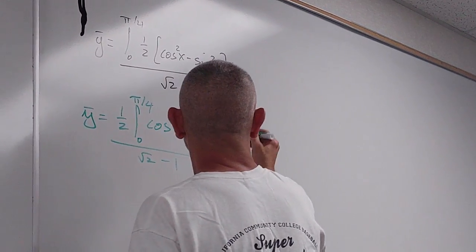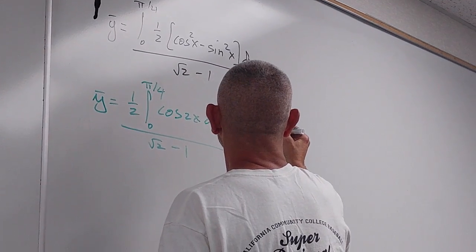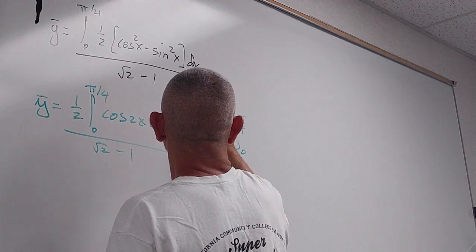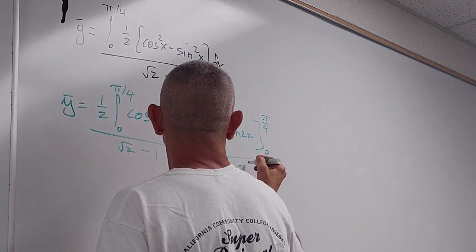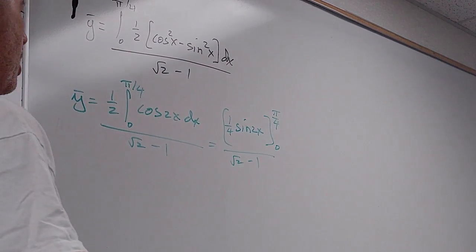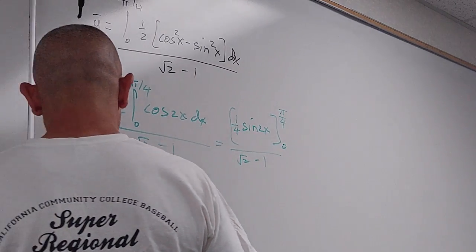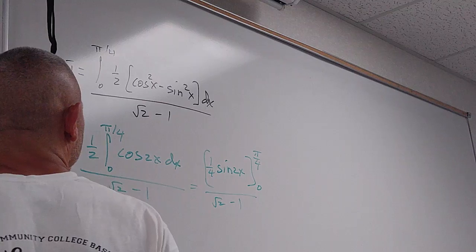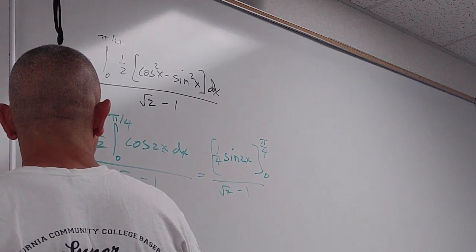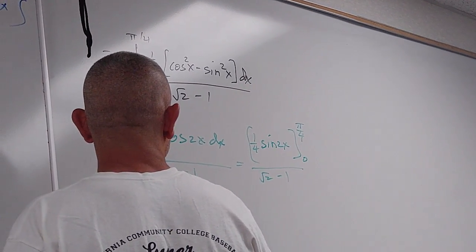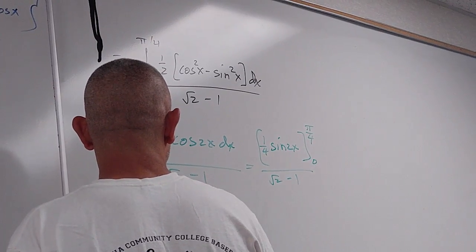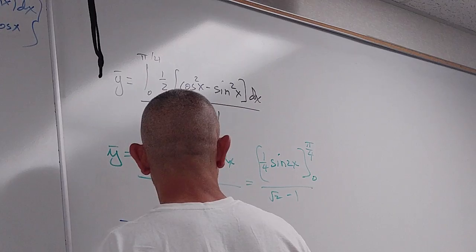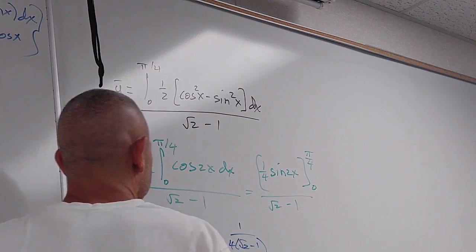I think that's going to be 1/4 sine 2x, all evaluated 0 to pi over 4, divided by rad 2 minus 1. 2 times pi over 4 is pi over 2. So I've got 1/4 times 1 minus 0 all over rad 2 minus 1, so that's 1/4 times rad 2 minus 1.